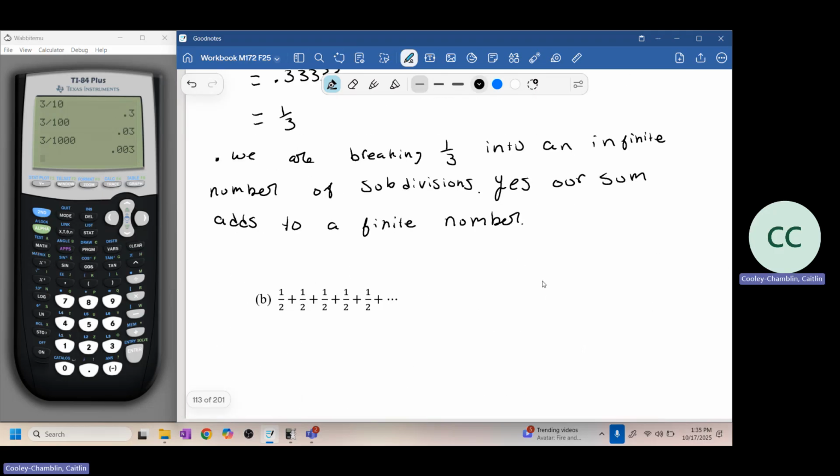What this does not mean is that 1/3 is infinitely large. So it's not infinity, it's just 1/3.